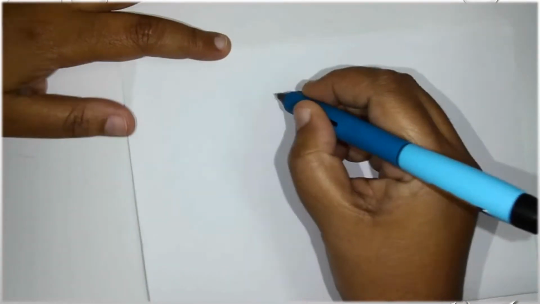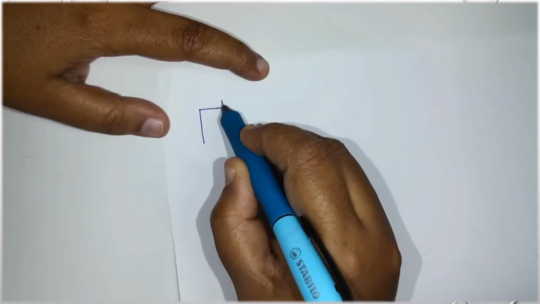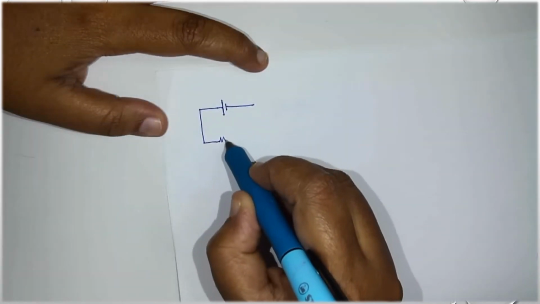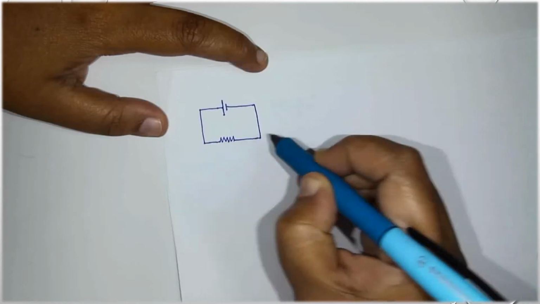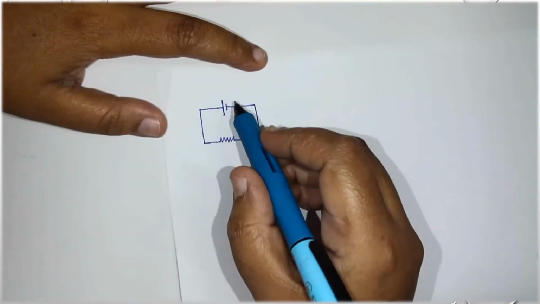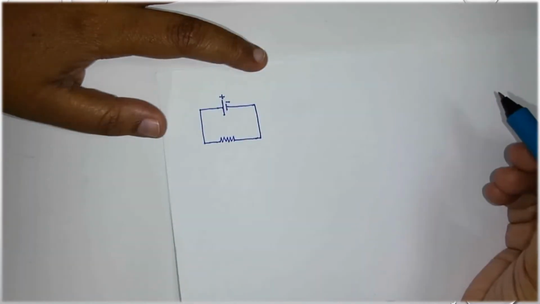Now here we have a wire which is fixed to a cell, and the wire is also attached to a resistor. So what happens here? We know this is the positive terminal of the battery, this is the negative terminal of the battery.